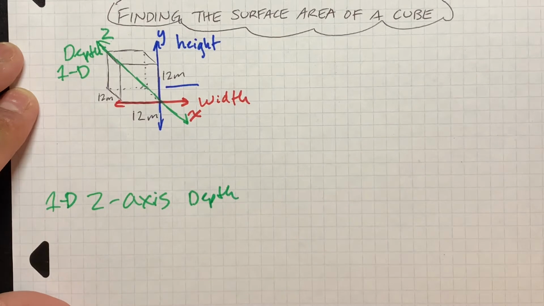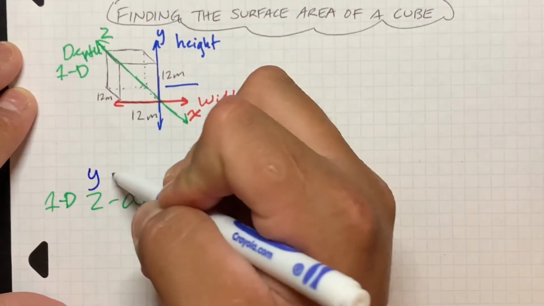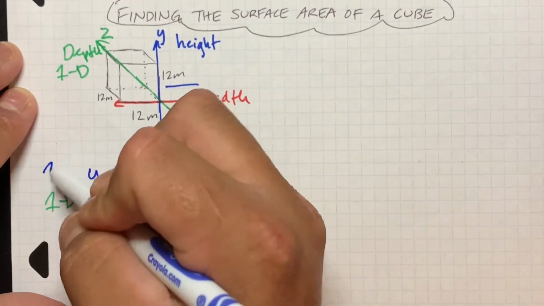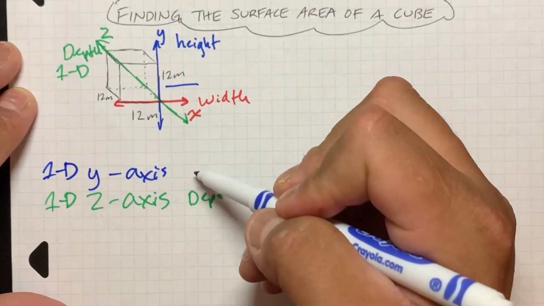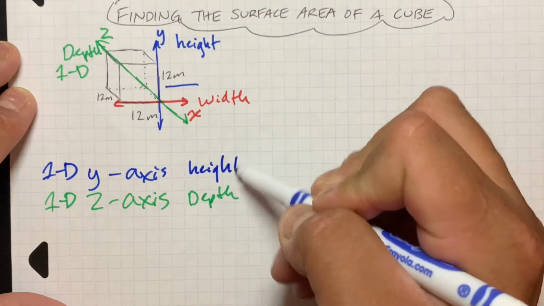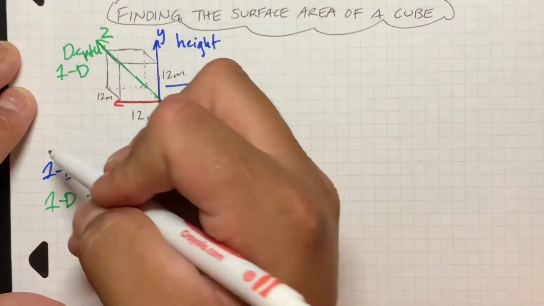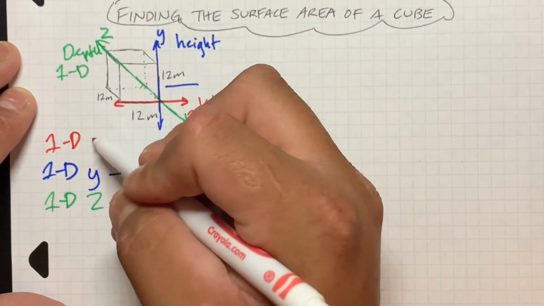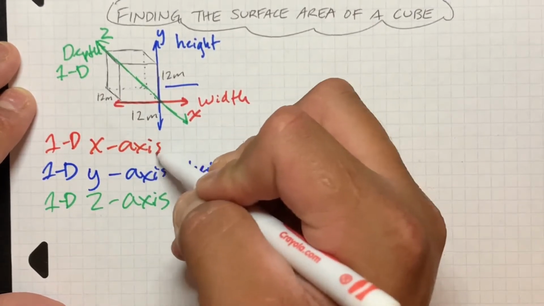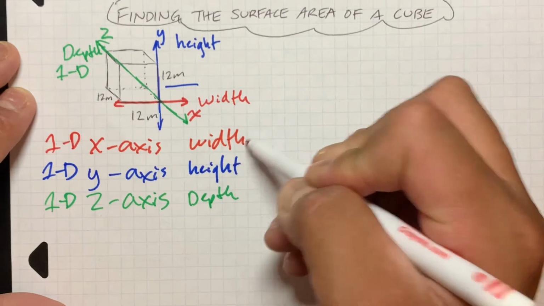We also have your y-axis. That's also one-dimensional, and that is the height, how tall, and these are all measurements, by the way. And then lastly, you have your x-axis, and that is the width.